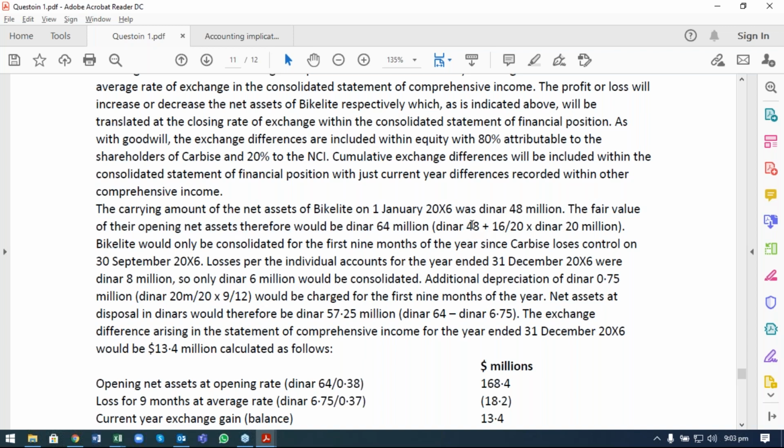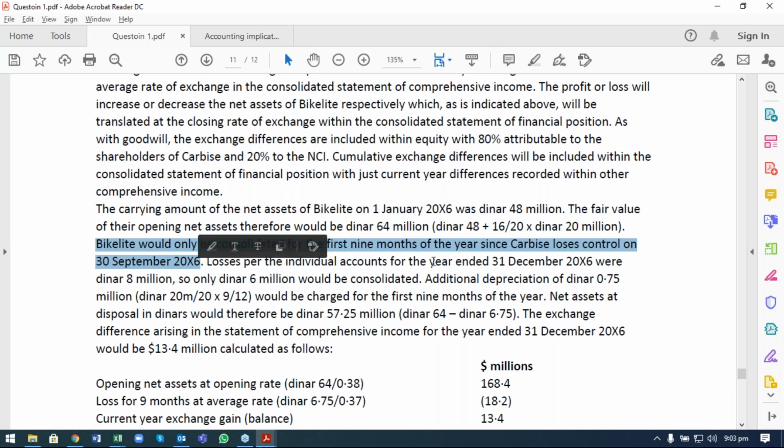How? 40 million dinar plus 16 million, because the rest of the amount was charged to the profit and loss account. The additional depreciation, the 4-year depreciation, we concluded in this way. Then Backlight would only be consolidated for the first 9 months, since Carbise loses control on 31st December. So the additional depreciation should be charged for the 9 months as well.